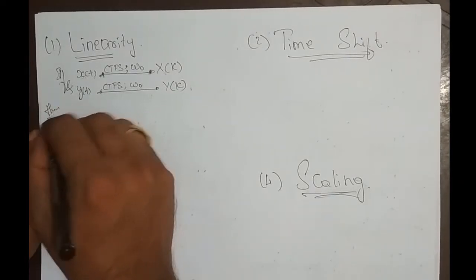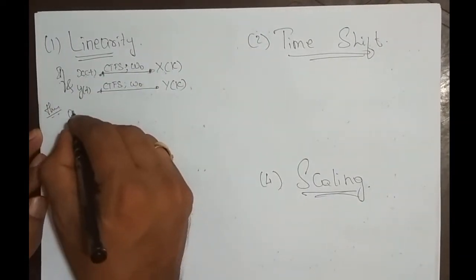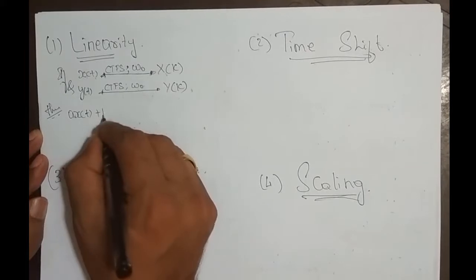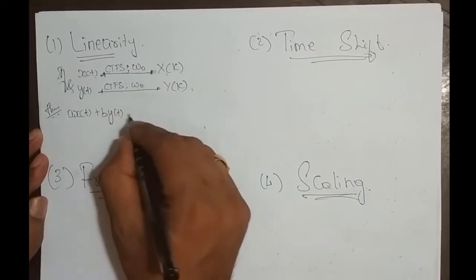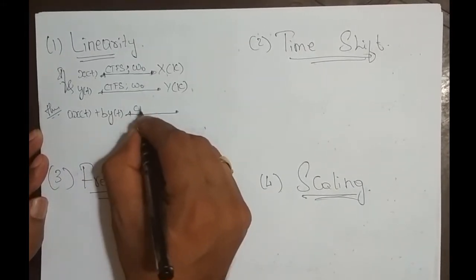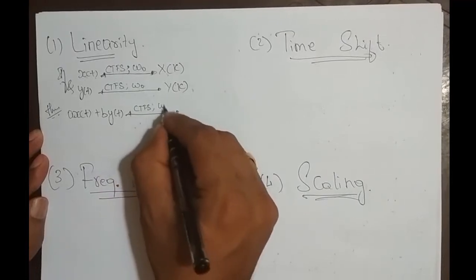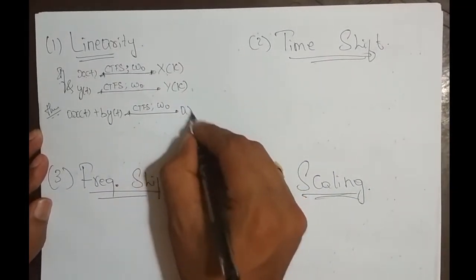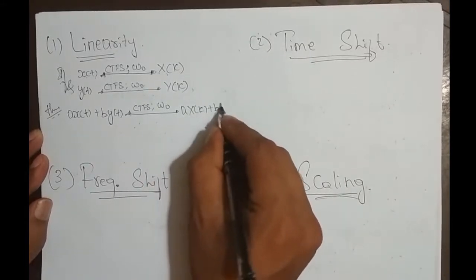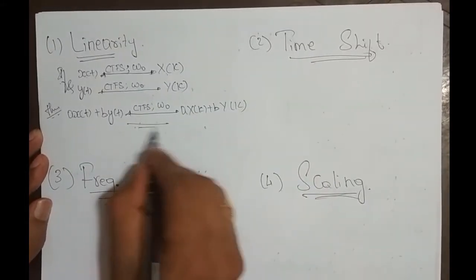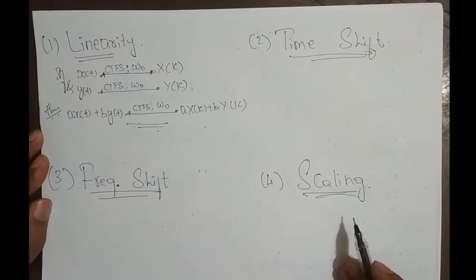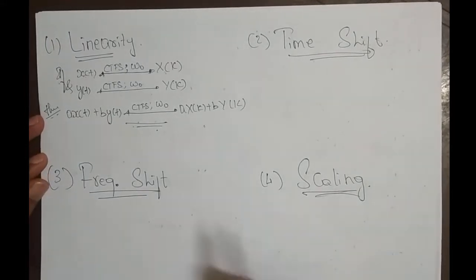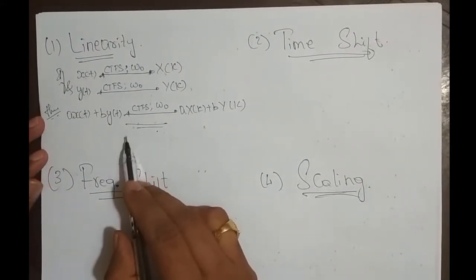Then if I combine these two, a times x of t plus b times y of t, and take the continuous time Fourier series with fundamental frequency omega naught, what I end up with is a times X of k plus b times Y of k. This is the result I should get if I combine the individual inputs. So this is the statement for linearity.